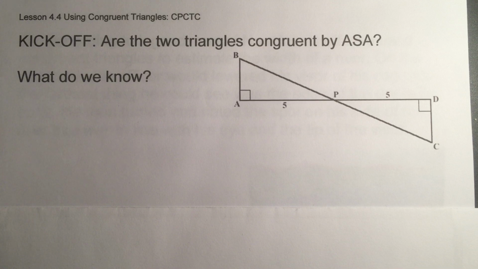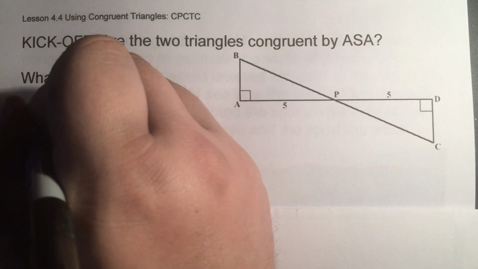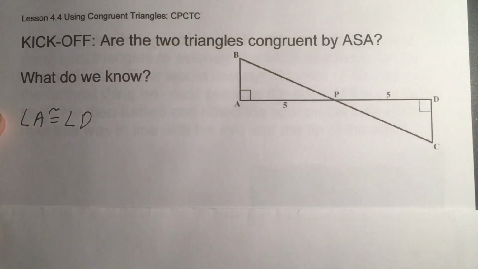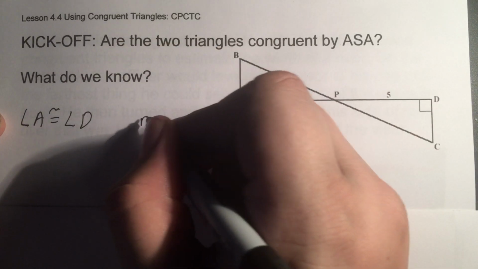Remember, angle, side, angle. We have to have a set of angles congruent, a second set of angles congruent, and then the side in between those two angles has to be congruent. Well, let's see what we got. So right now we know that angle A is congruent to angle D. We can see that with the right angle marks.